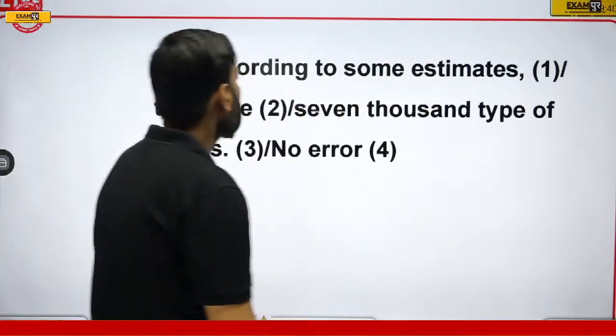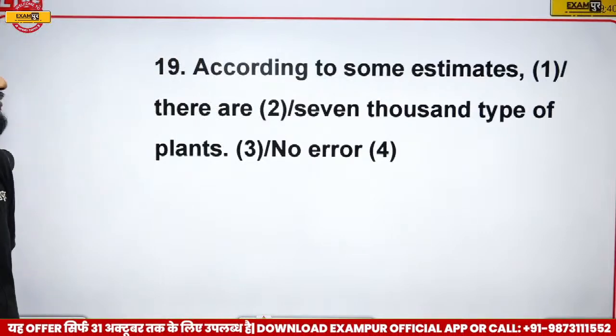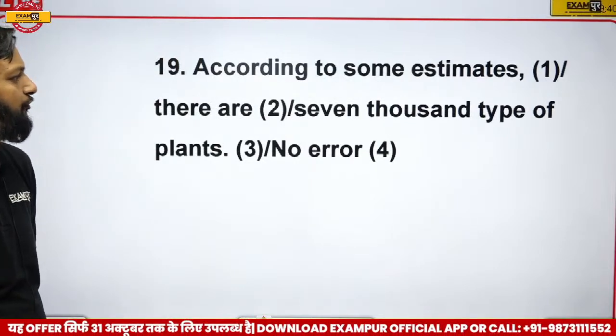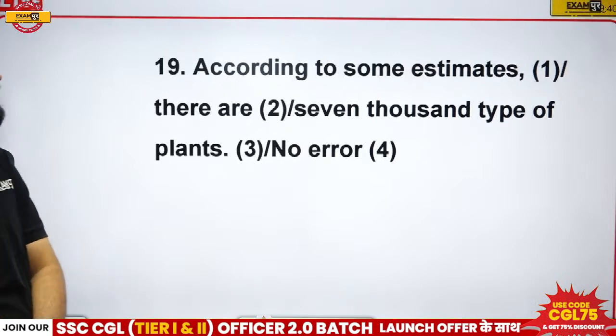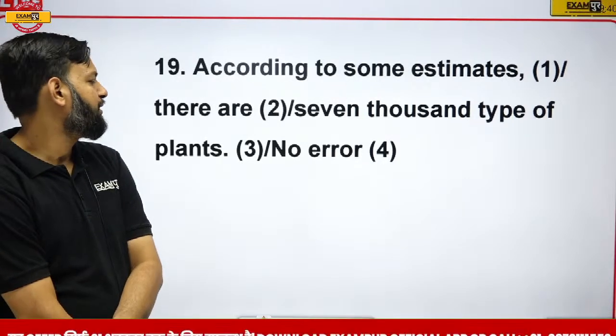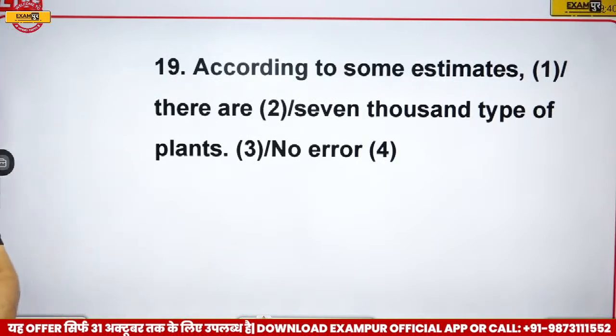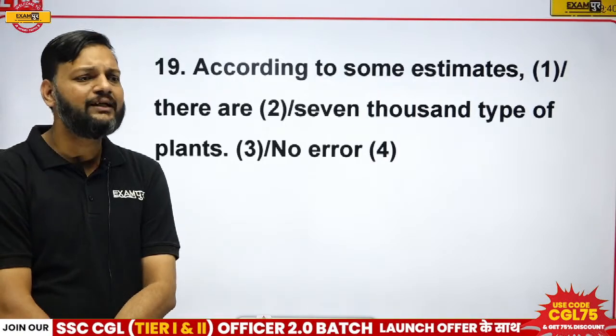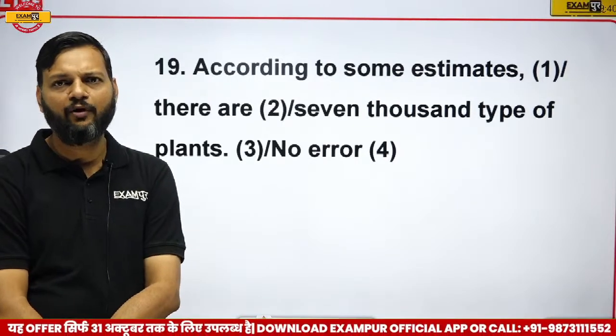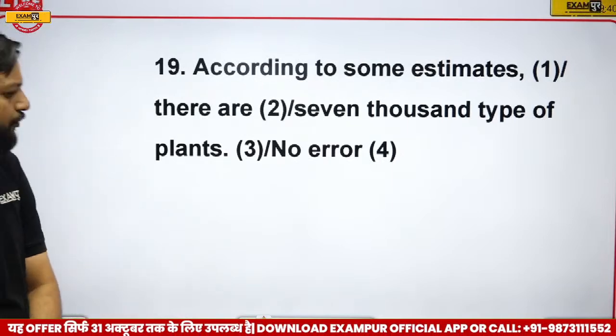Okay, now the next one. According to some estimates, there are 7,000 type of plants. This is a very tricky question, and also very easy. I don't think there is any problem in solving this question.